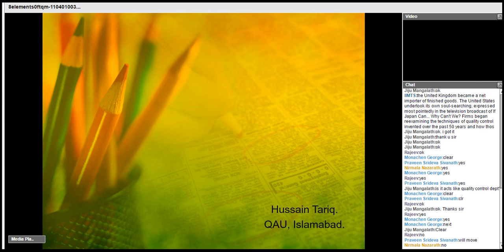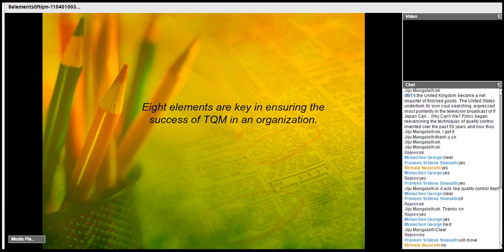Now let us see the 8 elements of total quality management. What are the 8 elements of total quality management?